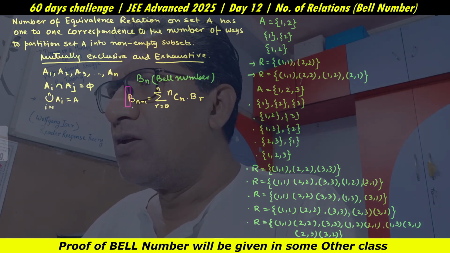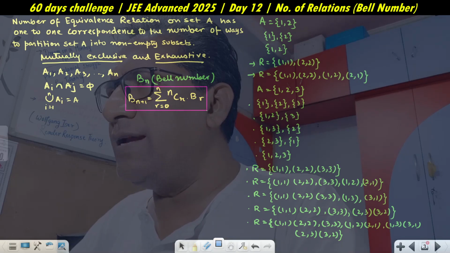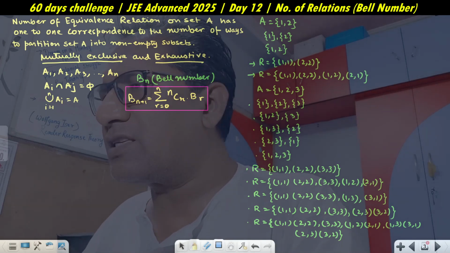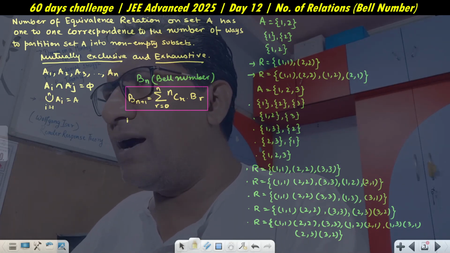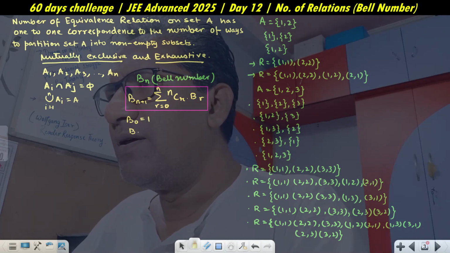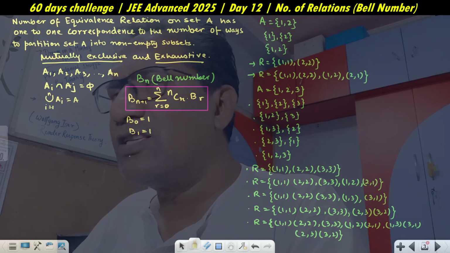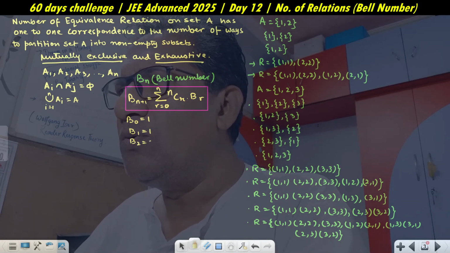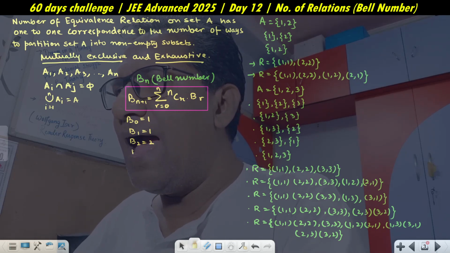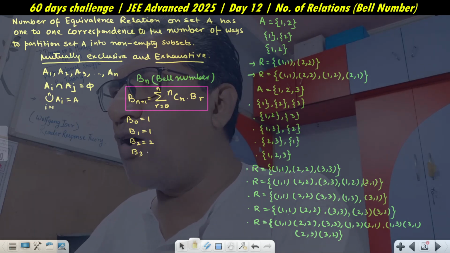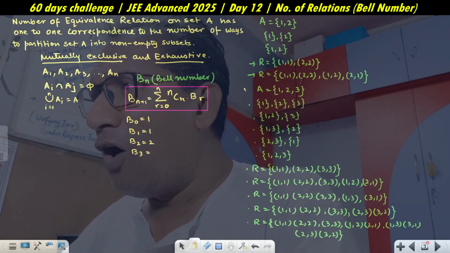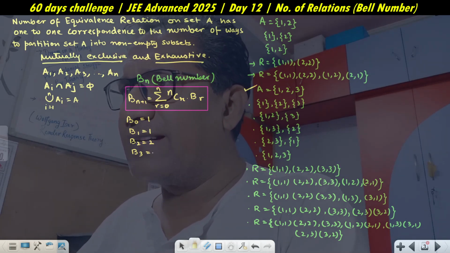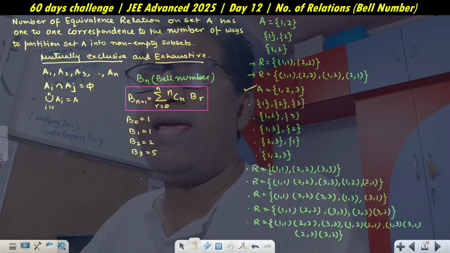It is better if we can remember this, and the initial values are B0 is 1, B1 is 1, and just now we have seen that B2 is 2, and B3, as we got from the second example, is 5.